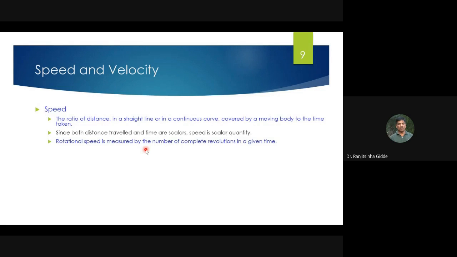While writing, you should read word by word whatever you have written. Rotational speed is measured by number of complete revolutions in a given time. Revolution per minute, we write RPM, that is speed. RPS, revolution per second, per minute, per hour, that indicates the speed. Unit: meter per second or RPM.